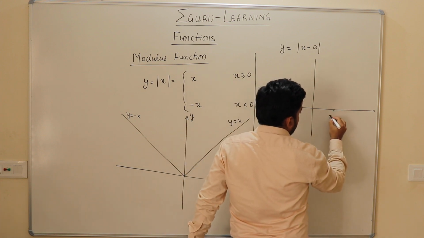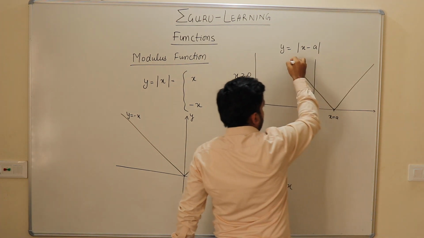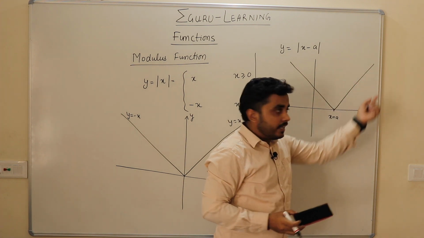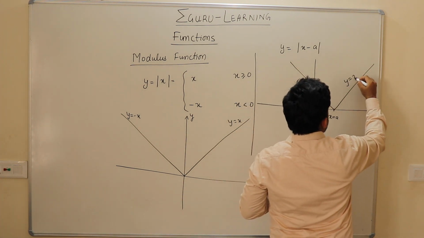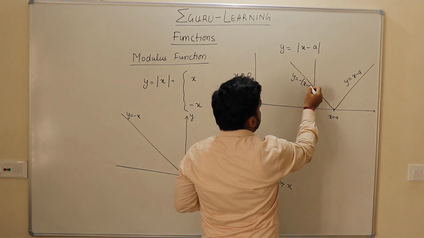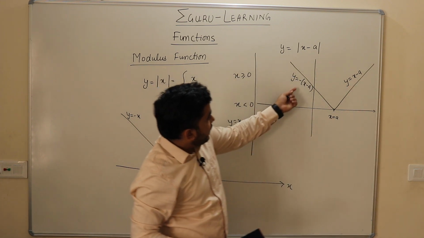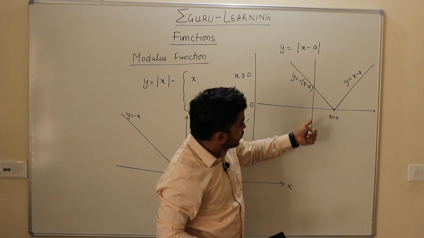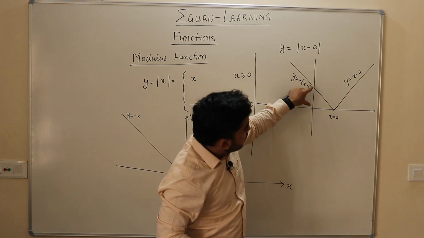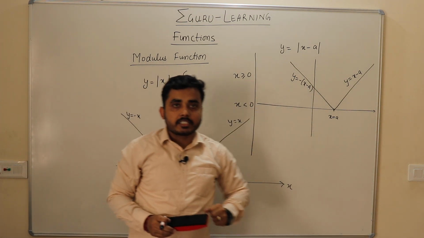So let's say this is x equals a, and now the graph would become this. This is the graph of y equals plus (x minus a), and this would be the graph of y equals minus (x minus a). As you can see, at x equals a, this would become equal to 0, and at the point x equals 0, this line would become y equals a. That means this is the plot of y equals mod of x minus a.